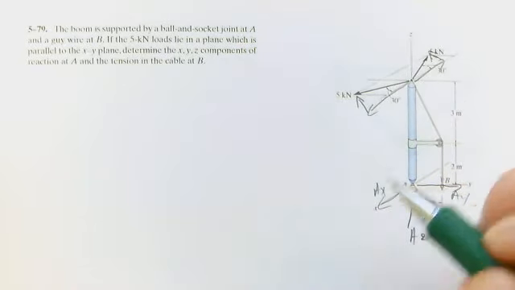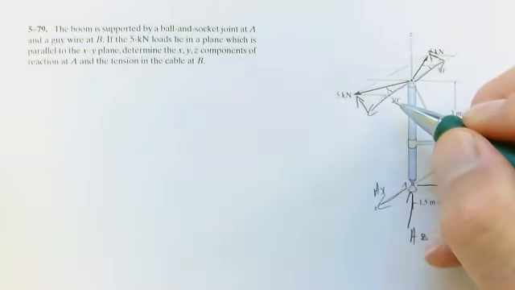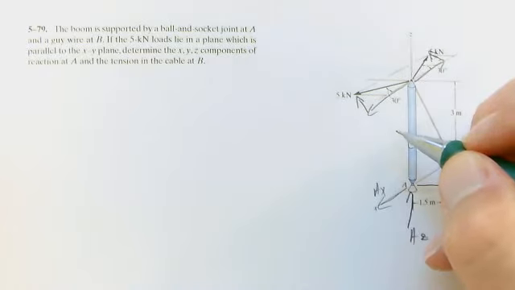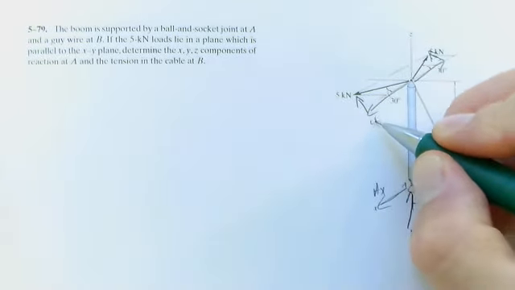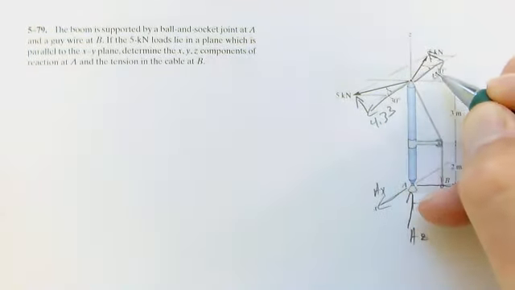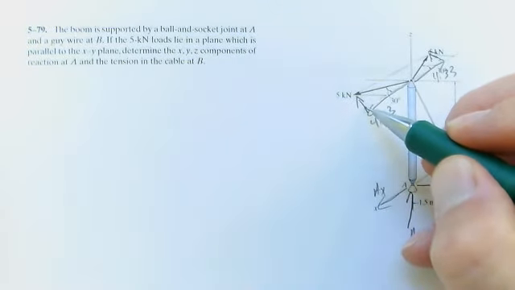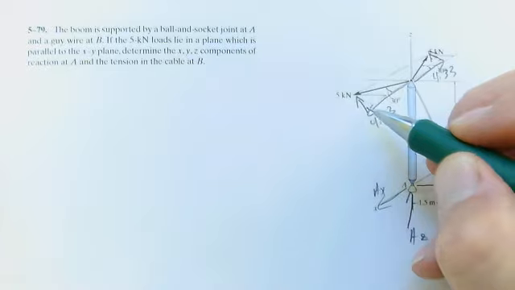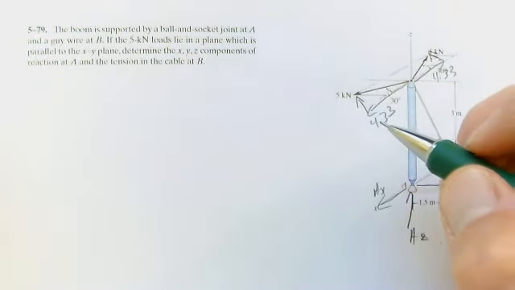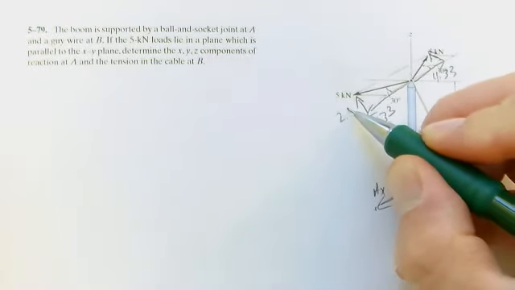The components in the x direction are going to be equal and opposite at 5 cosine 30, which is 4.33. And they're going to have reactions in the y direction, which is 5 sine 30, which is 2.5.